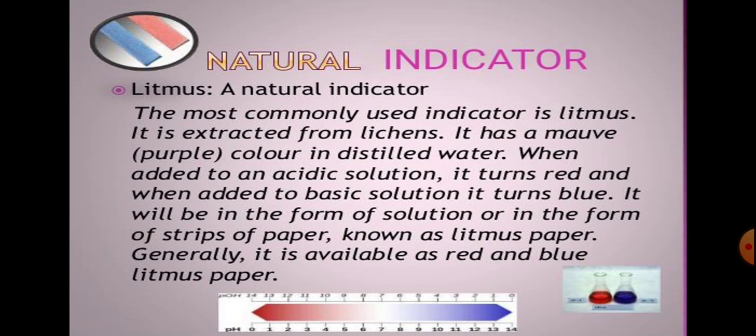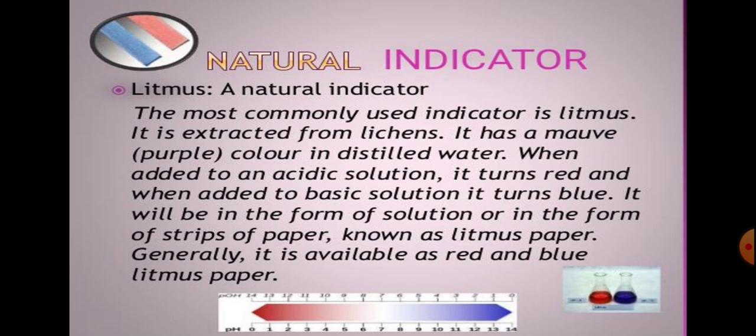In other words, litmus solution is neither acidic nor basic, so its color is purple. When litmus is added to an acidic solution, its color turns red. And when litmus is added to a basic solution, it turns blue.